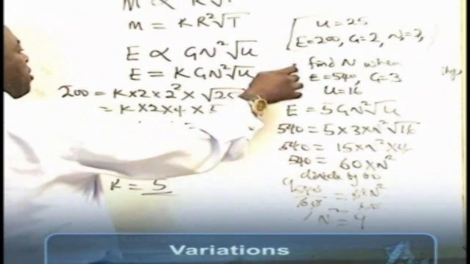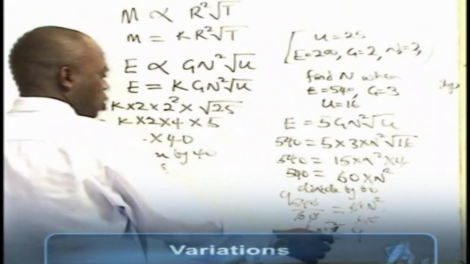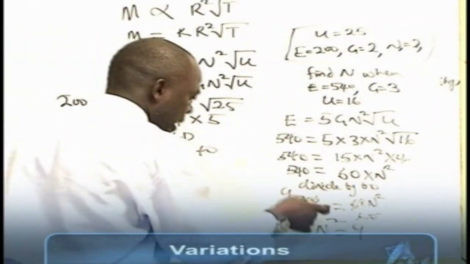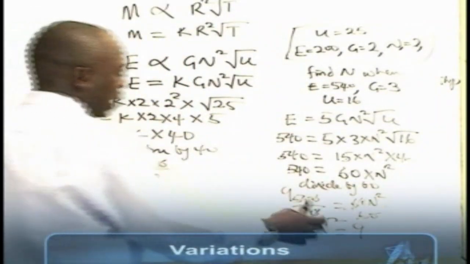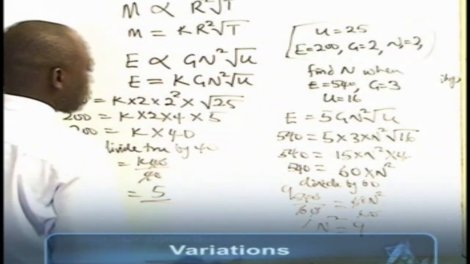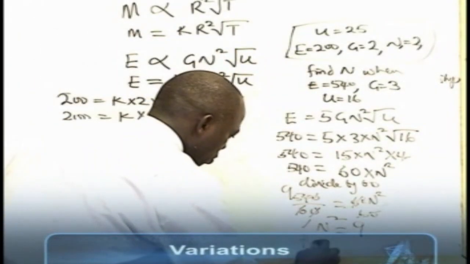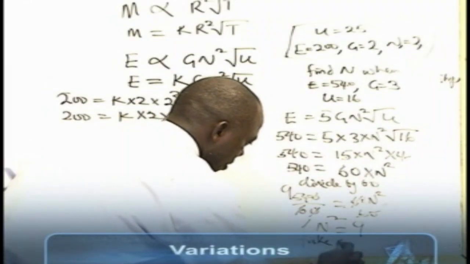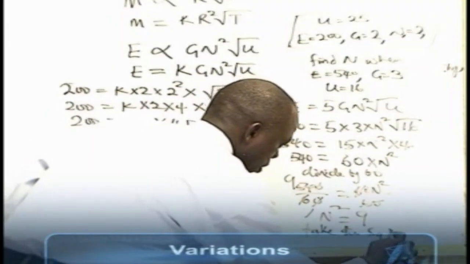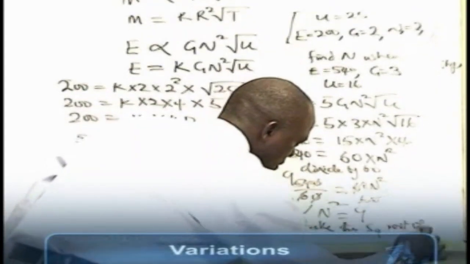But if you look at the question, it did not ask you to determine N squared. It asked you to determine N, but you have discovered N squared here. So to determine N, what you do is take the square root of both sides.